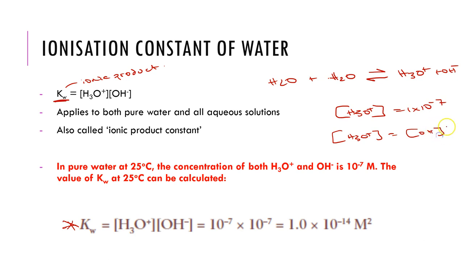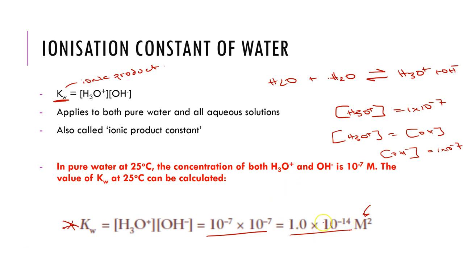So if they're equal, then the concentration of OH- is also going to equal 1 times 10 to the negative 7. Then as you can see down here, when we multiply these two values together, we sum the indices, and what we get is 1 times 10 to the negative 14, and this has a rather weird unit called molar squared, and we'll look at that more in unit 3-4, how these constant units turn up.